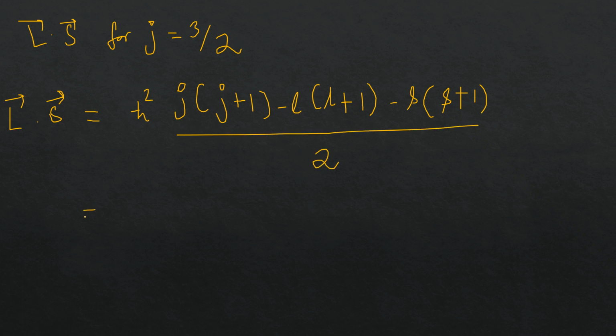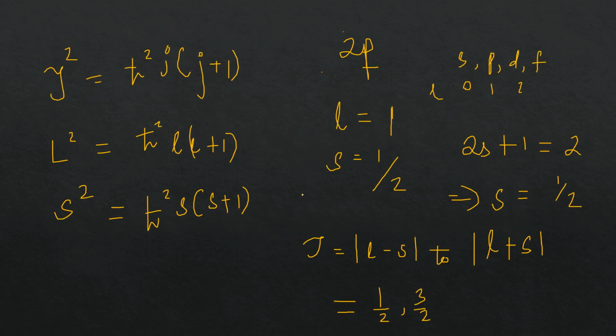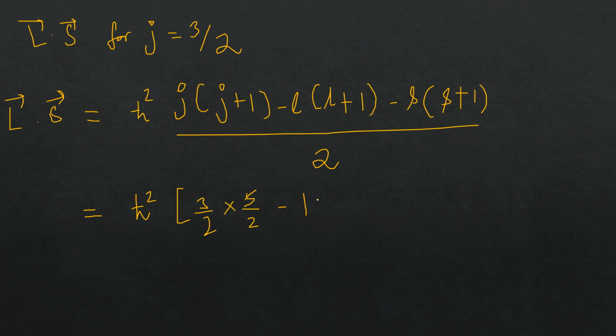So J is 3 by 2. So let's put it: ħ², J is 3 by 2, that means 3 by 2 into 5 by 2, minus L is 1, so 1 whole into 2, minus S is half, so half into 3 by 2, whole divided by 2.